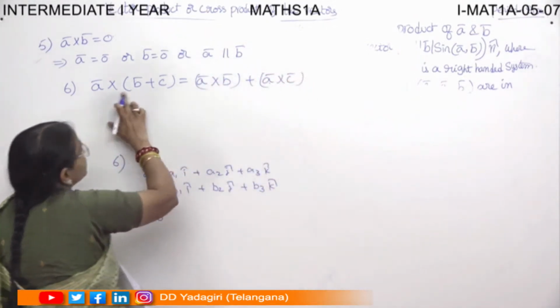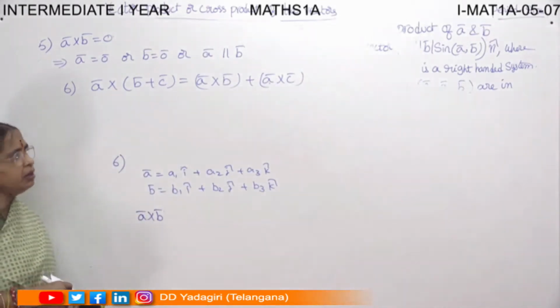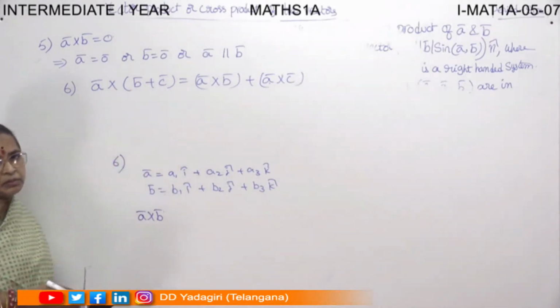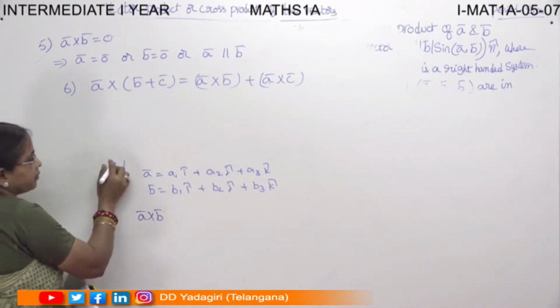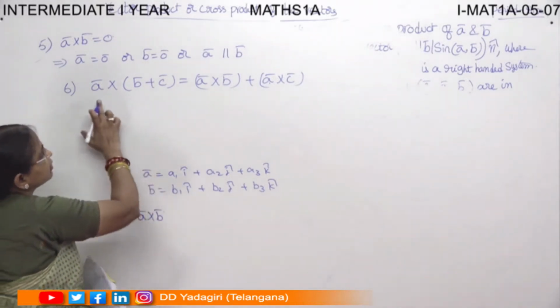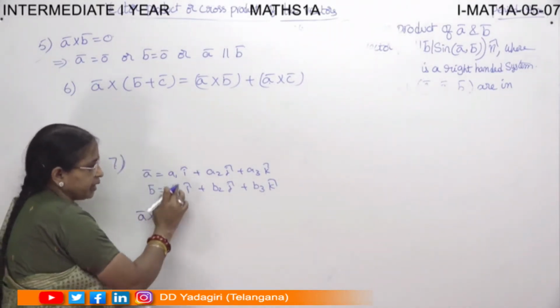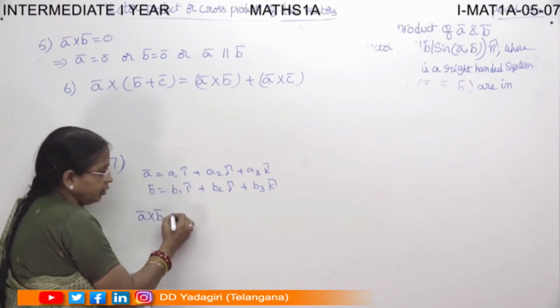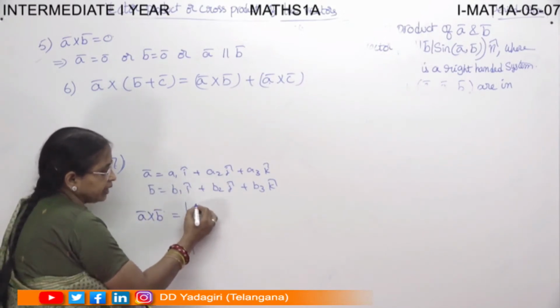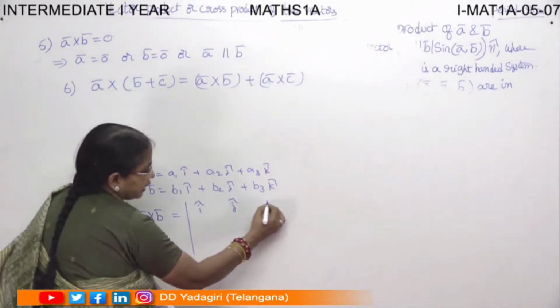Cross product is distributive with respect to addition, like dot product also has a similar property. Next, suppose A and B are given like this and you are finding A cross B. You take the cross product term by term, or you can just learn the formula. You will get it like this: I, J, K.